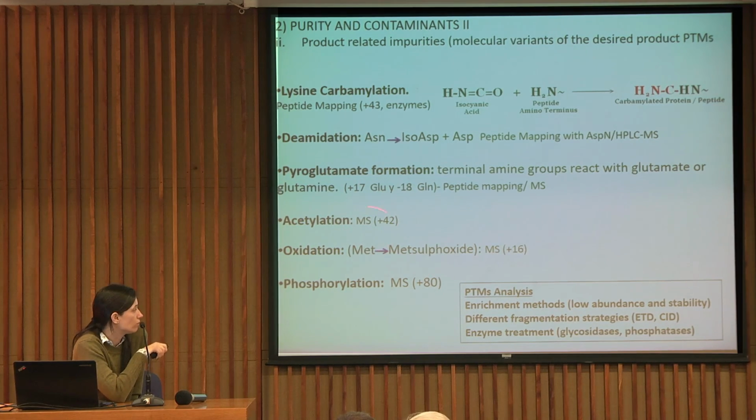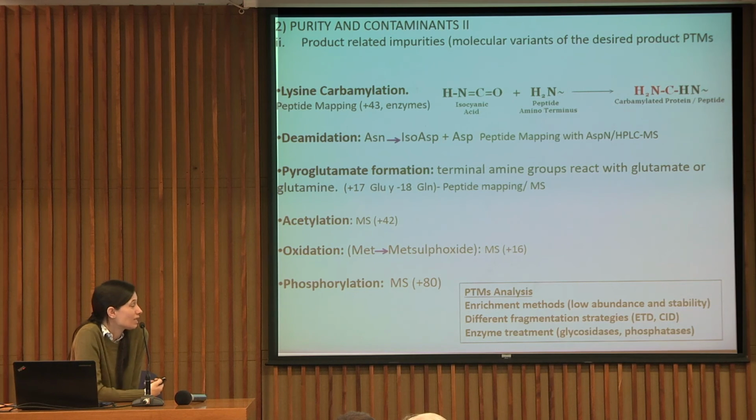And then post-translational modifications can also be detected by a simple MS spectrum. So we can see acetylation with a delta of 42, oxidation of methionines plus 16, phosphorylation, you'll see a plus 80.